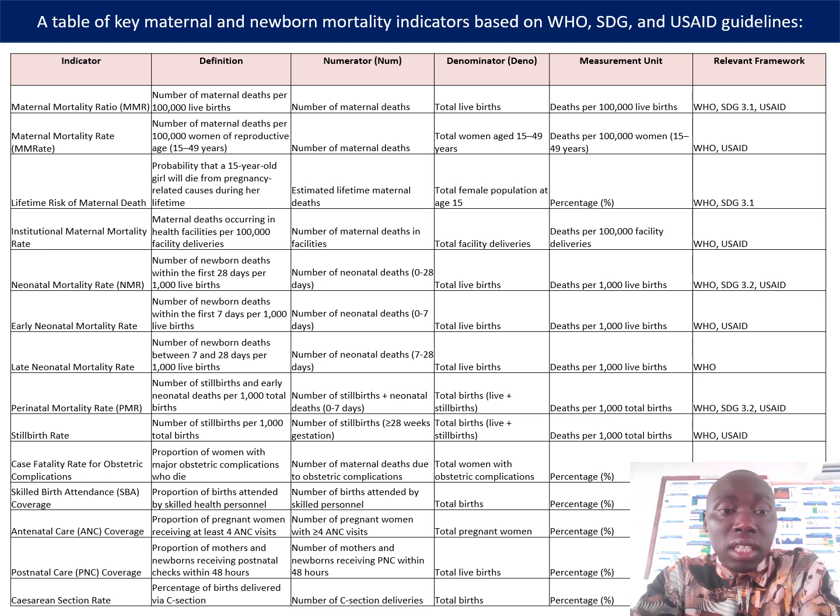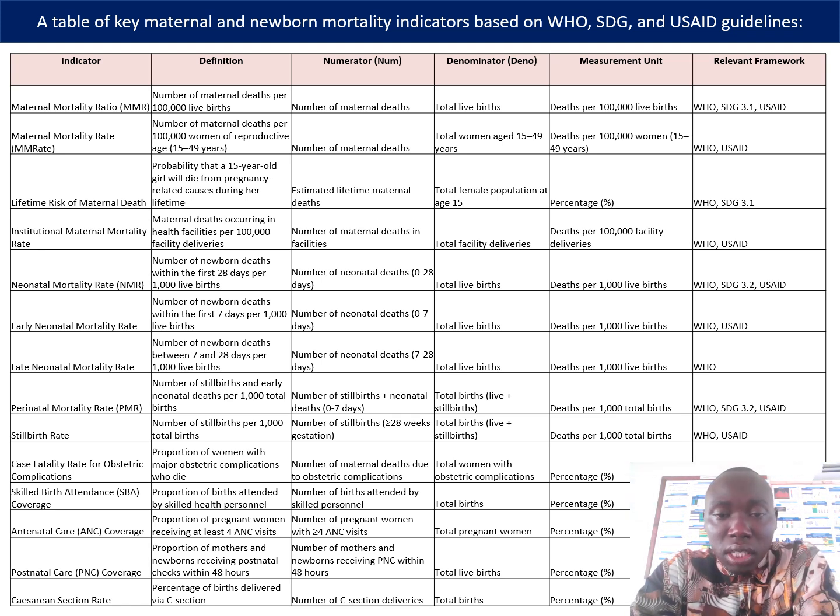So when you look at the top two, you go to IMMR, you discover that the institutional one is looking at the deaths that occur at the facility per deliveries. So this time when we look at the numerator, we're looking at the number of maternal deaths in a facility, which might be the same case as with these other numerators.